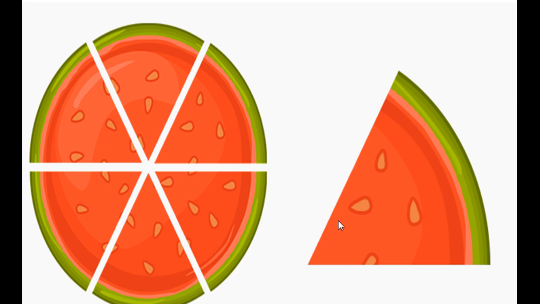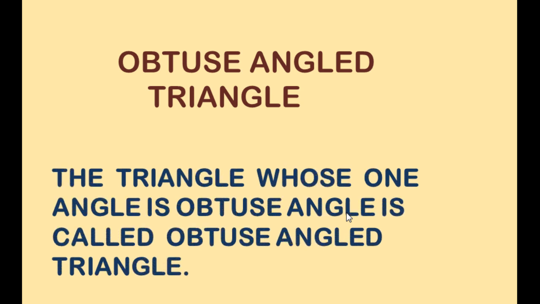Okay, now moving on to next. What type of triangle is that? Obtuse angled triangle. So what is obtuse angled triangle? The triangle whose one angle is obtuse. Those who are not familiar with the word obtuse angle can watch my video on the topic types of angles.